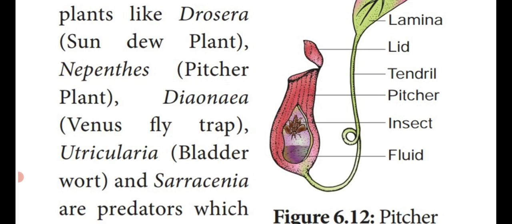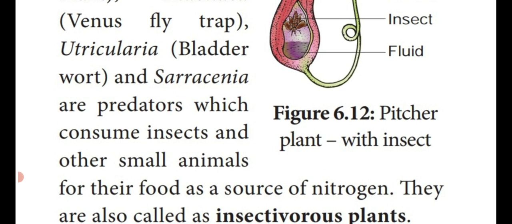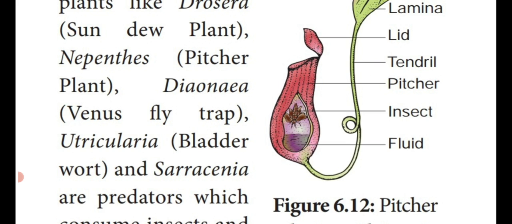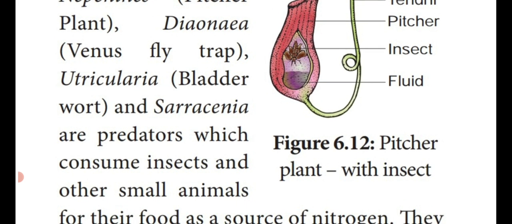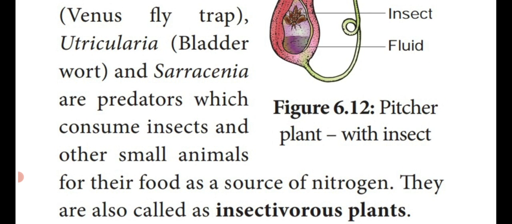These are all different types of insectivorous plants, with common names as well as binomial names. And the last one is Sarracenia. These are predators which kill insects and other small animals for their food, to get nitrogen from them.